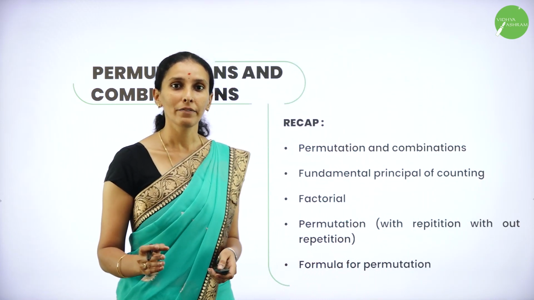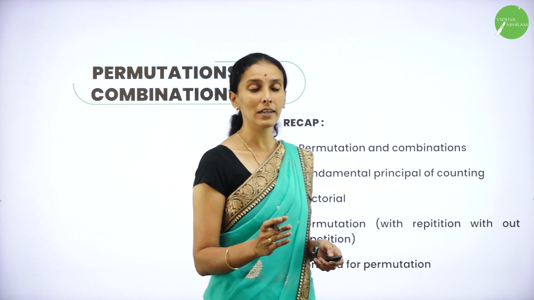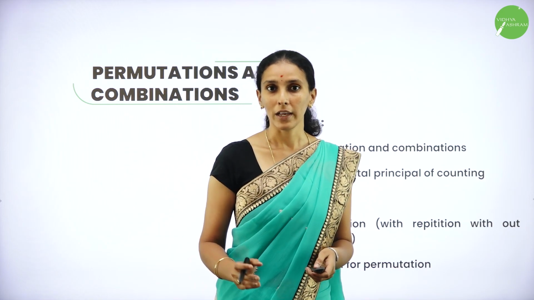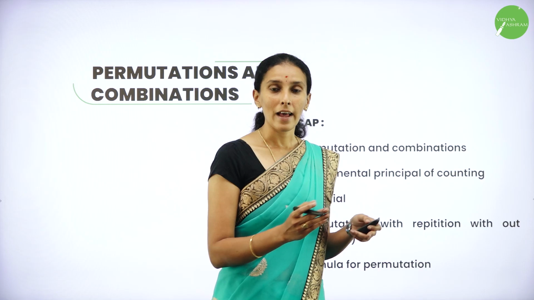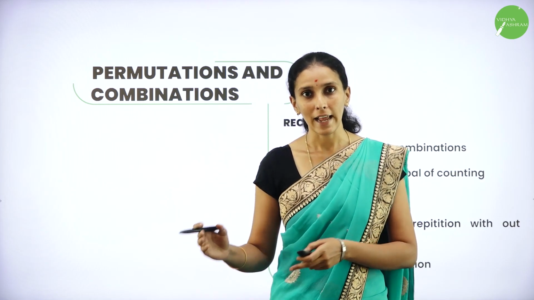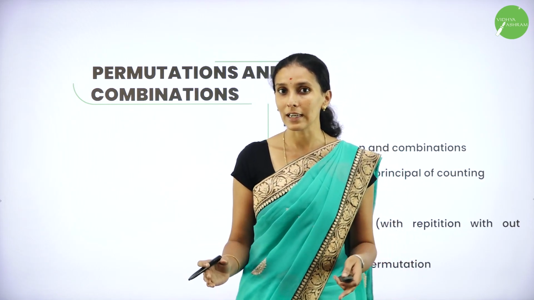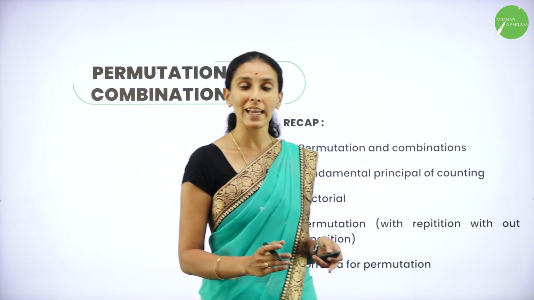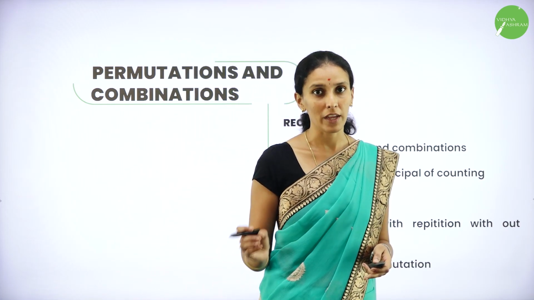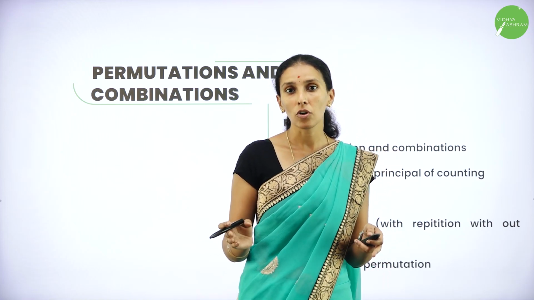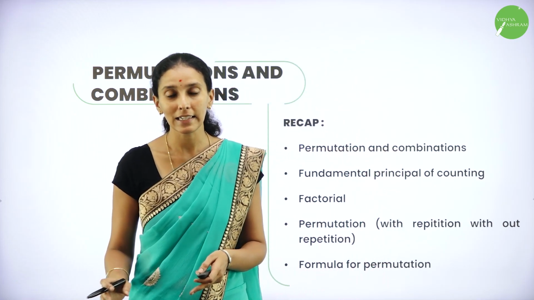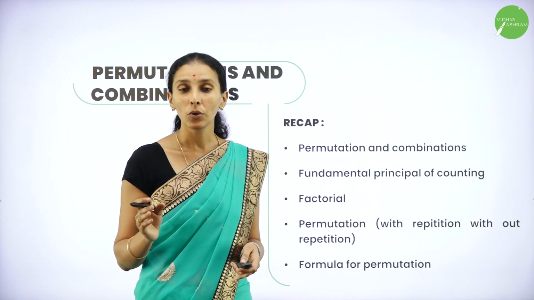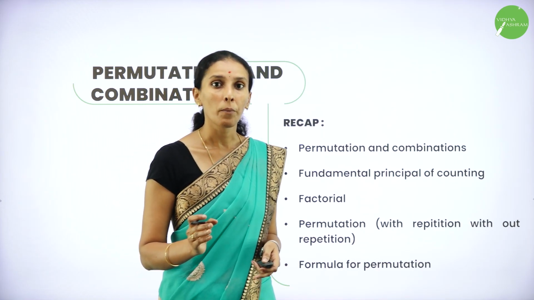Then we learned the fundamental principle of counting. When there are m different objects and n different objects that do not occur simultaneously, we apply the sum rule, that is, m plus n ways. Whereas when two different objects occur simultaneously, we take it as m into n ways. That is our product rule.